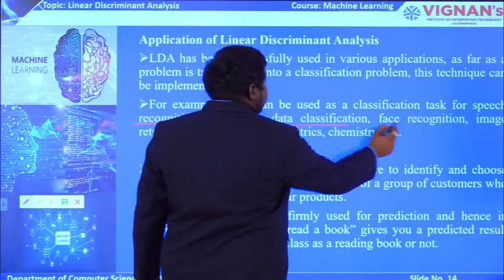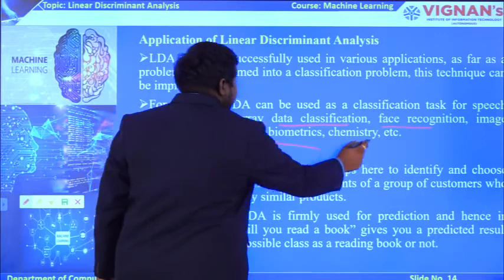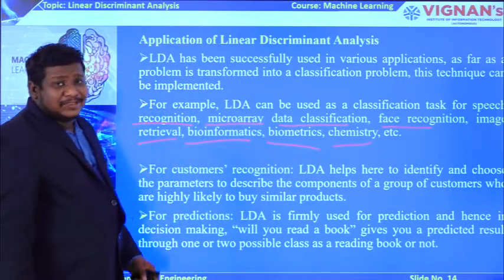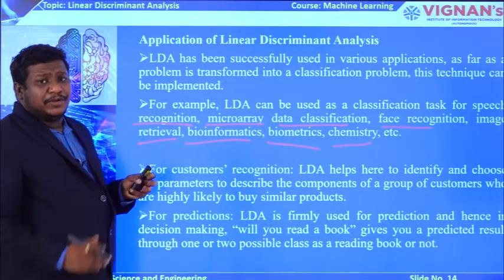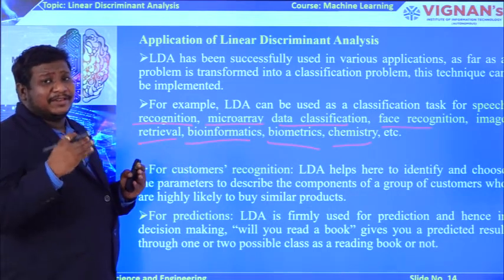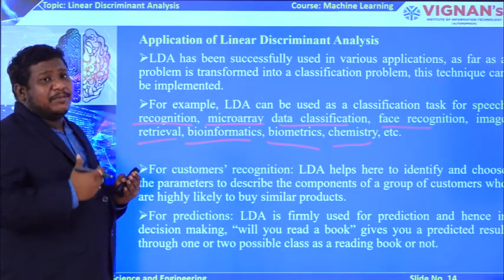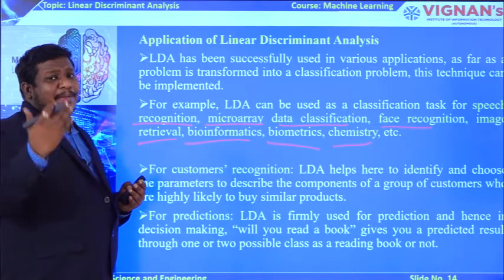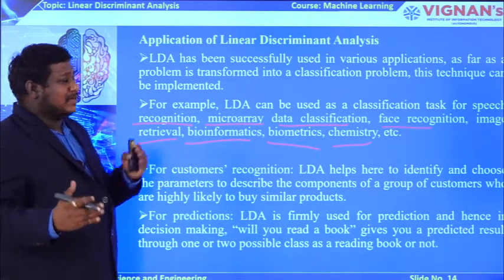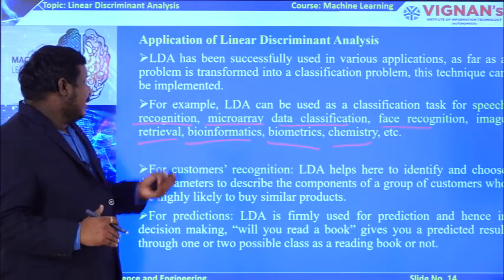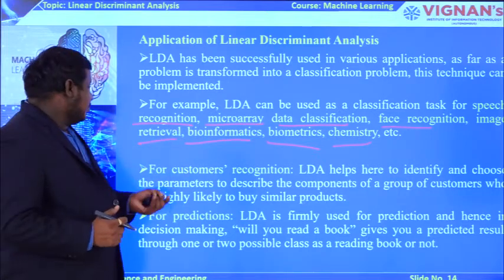Microarray data classification, face recognition, image retrieval, bioinformatics, biometrics, and chemistry are all areas where you can use LDA. In image retrieval, you have a face and you need to identify whether that person's photo is in our database. By giving the current image as input, we can map it with the images stored in our database and identify which person the photo matches.